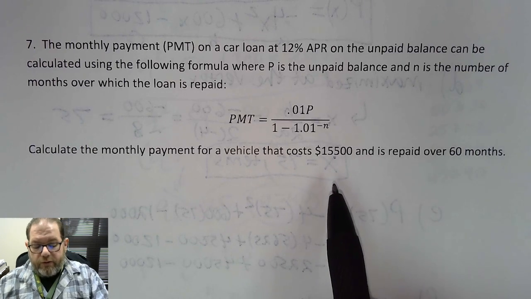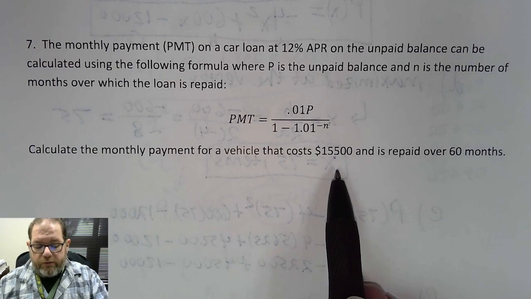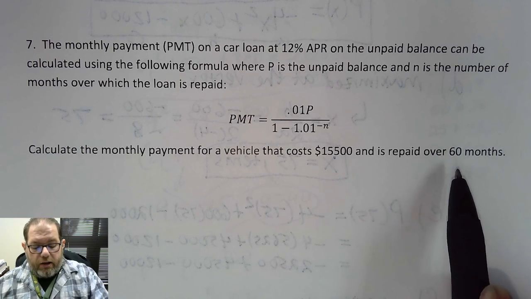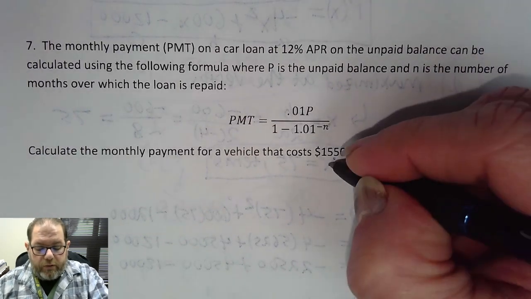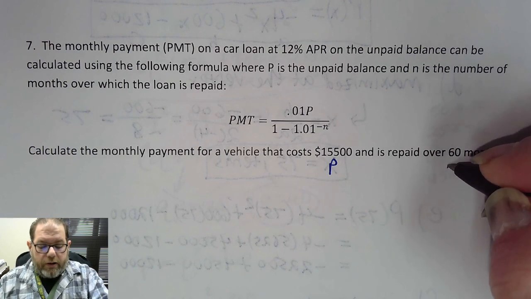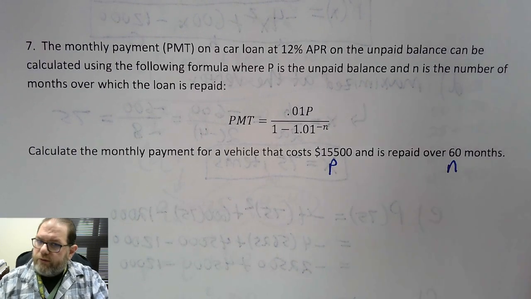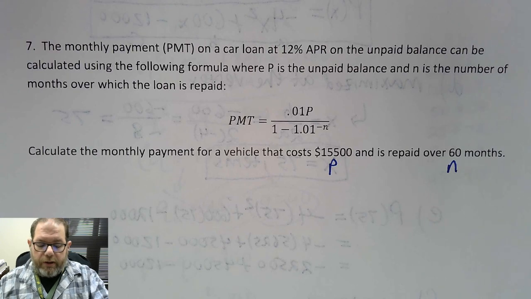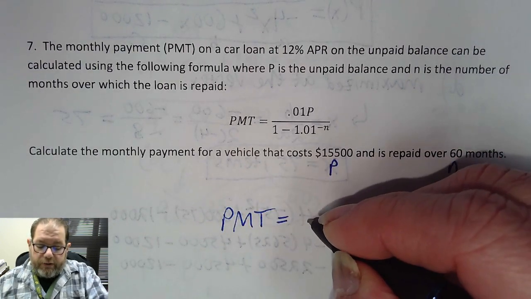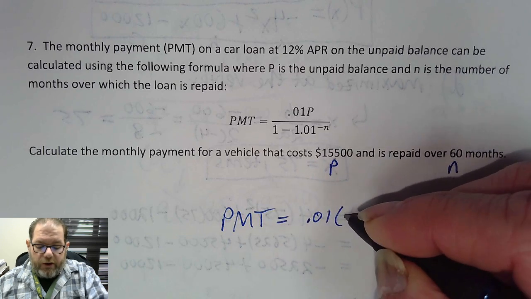So we have a vehicle that costs $15,500 and is repaid over 60 months, 5 years. So we'll plug in the $15,500 for P and 60 for N. This is really just a computational problem. We have to get the numbers plugged into the right place, but beyond that, it's just calculator work.